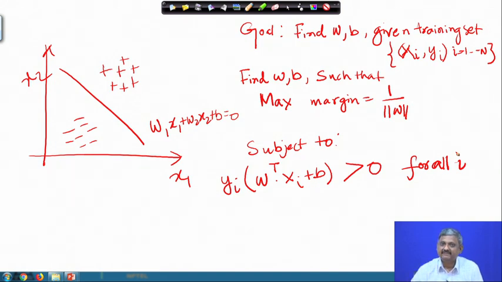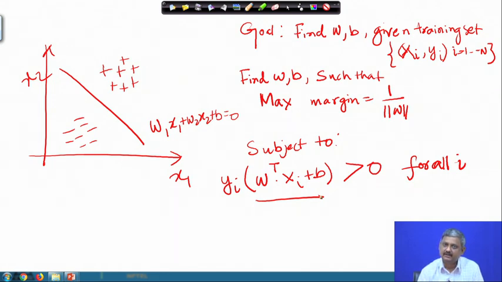In fact, I will modify this equation a little bit. If you remember the definition of the margin, this y is either plus 1 or minus 1, so it only changes the sign, it does not change the value of this product. The smallest value of this quantity is the numerator of the margin, which we have said can go down to 1.